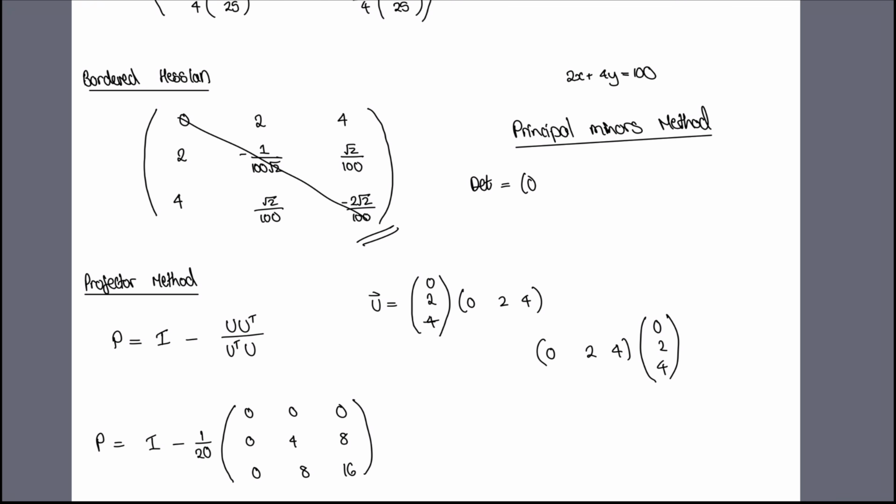So if we use the diagonal way, this is 0, this gives us root 2 over 100, this gives us another 8 root 2 over 100, and minus this, which is minus 8 over 100 root 2, this which is 0, and then this which is minus 8 root 2 over 100.